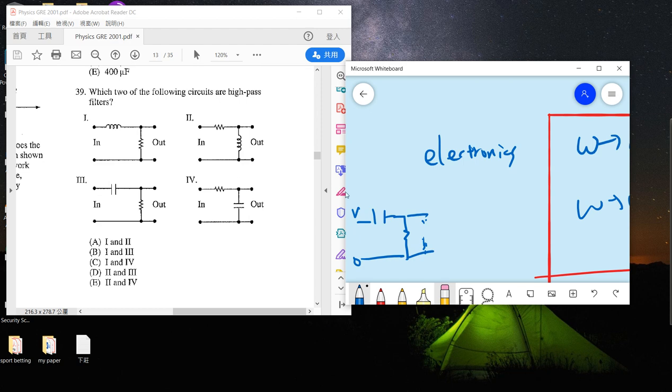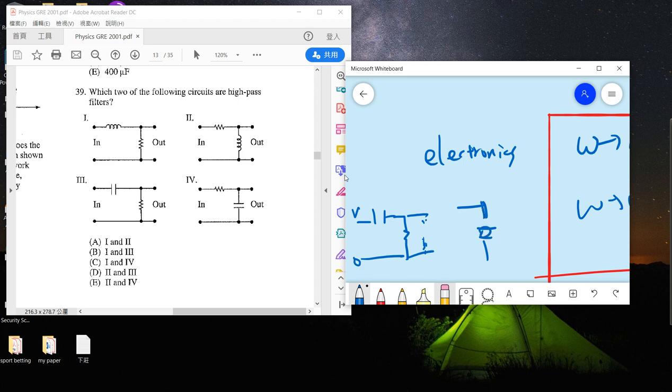V out is 0, since there's no voltage. So the first one is not correct, because we want the frequency to be high and V out close to V in, which is called high pass.